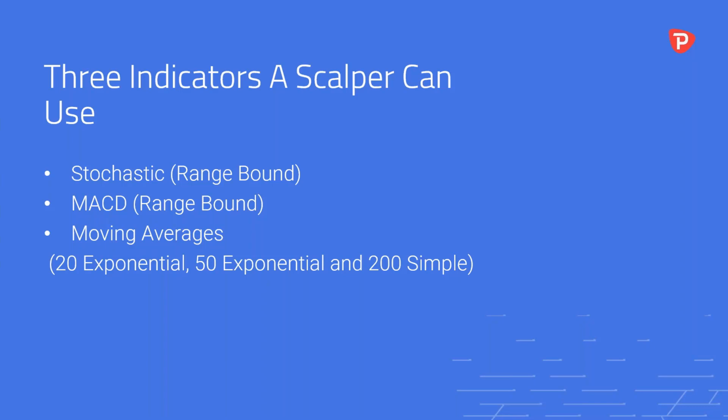Now we could use stochastic and MACD in range-bound markets, and of course in trending markets we use moving averages, but in range-bound markets we don't want to use them. That's something a lot of people do. They sometimes say, okay, we're going to use moving averages in a range-bound market. The problem with that is that often when they're range-bound, on the bigger time frames the averages will be just crisscrossing each other, giving us a lot of fake signals.